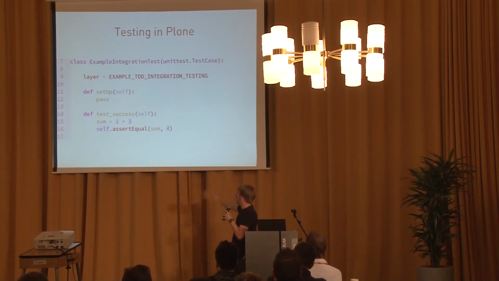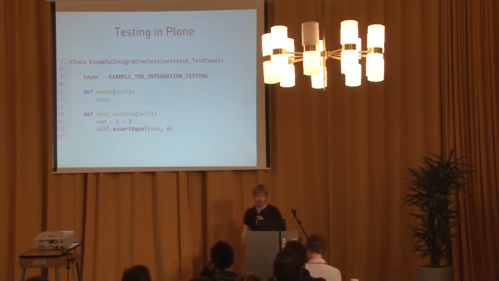It just sums up 1 and 3 and has this assertEqual statement. Before I had this assertTrue statement. You have 3 or 4 different assert statements: assertTrue if it returns true, assertFalse, and assertEqual. So you want 4 to be equal to the sum, right? And this test will just pass.